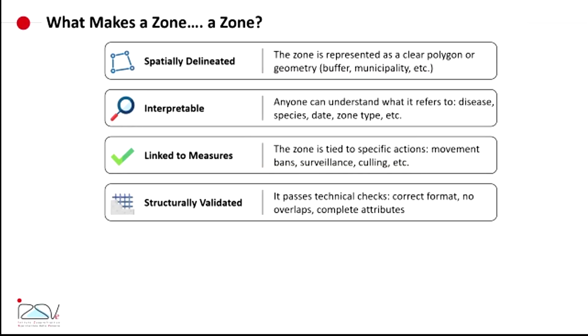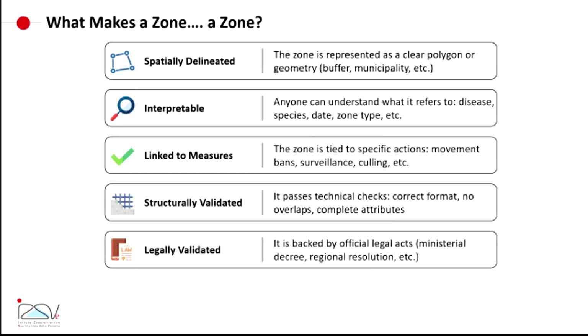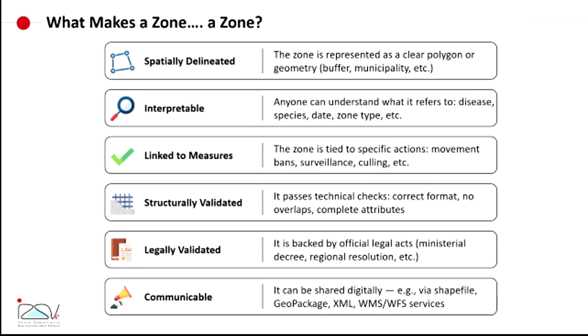You have a structural validation. This is related more to the technical aspect. For example, what you do if you have overlapping zones. It should be legally validated. Actually, not all of the zones are legally validated, but still, normally they are. And then they can be communicable because you have files that you can share with other institutions.